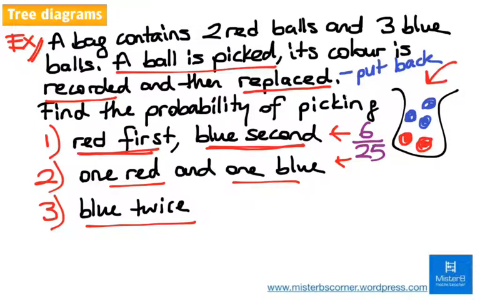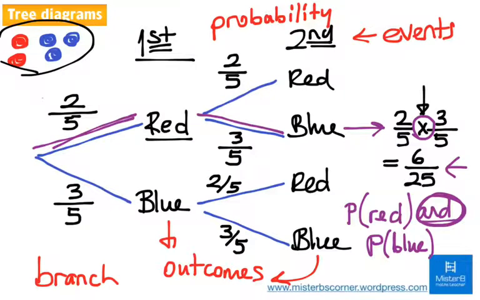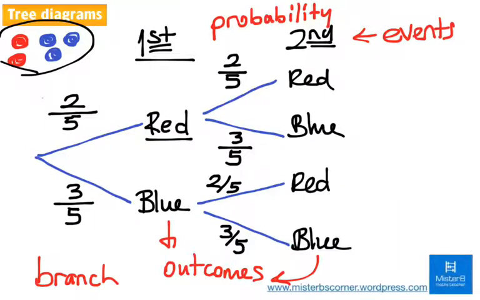In the second one, it says 1 red and 1 blue. Now, let's see how we're going to work this out. Now, it says it must be red and blue, but it doesn't give us any order. So it could be red and blue, right? Or it can be blue and red.